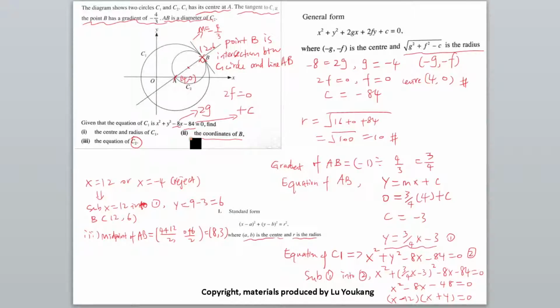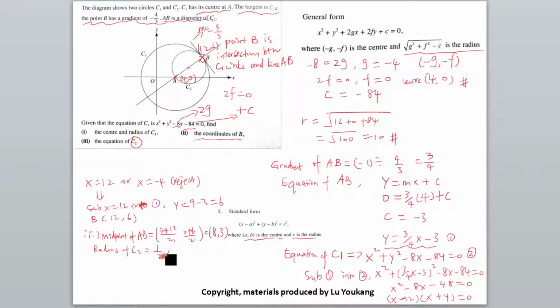Once you find the center of this circle C2, the next job is to find the radius of circle C2. Since the diameter is AB, we just need to divide the length of AB by 2.